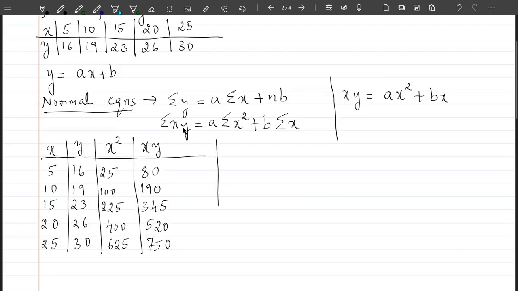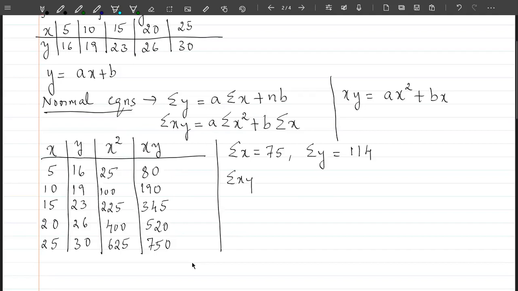After the calculations, what else do we need? We need to know the values of these summations here. So add these values. So summation x here is equal to 75. Summation y is equal to 114.